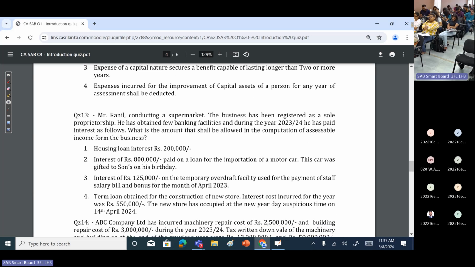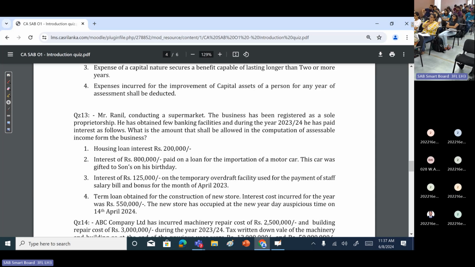Mr. Rani is conducting a supermarket. The business has been registered as a sole proprietorship. He has obtained a bank scheme facility, and during the year 23-24 he has paid interest as follows. What is the amount that shall be allowed in the computation of taxable income from the business? Housing loan interest of rupees 200,000. Interest of rupees 800,000 paid on a loan for the importation of a motor car.